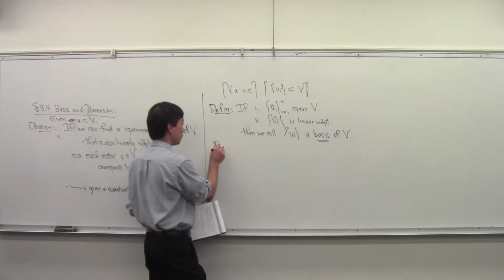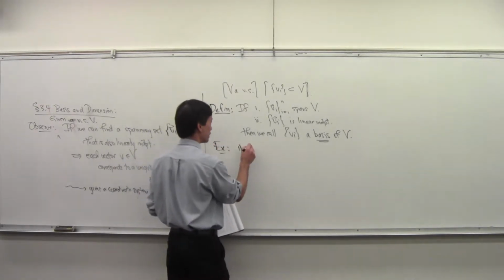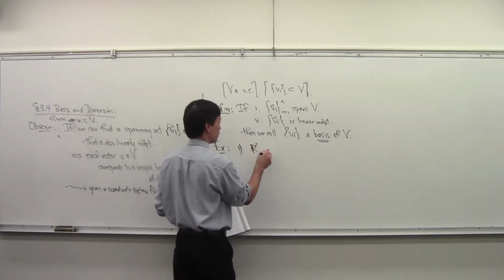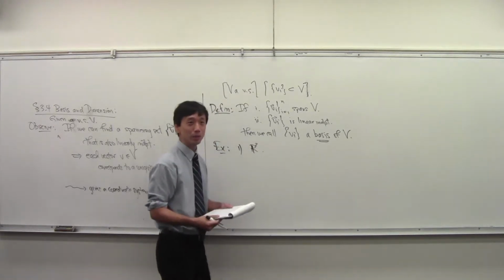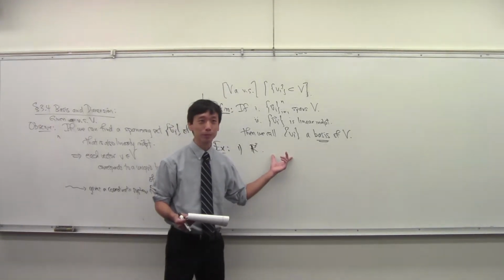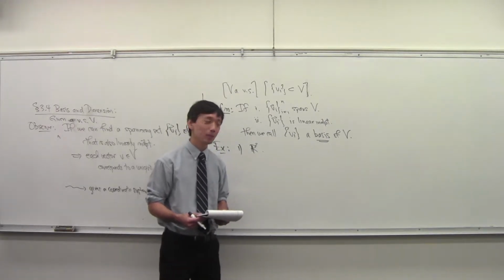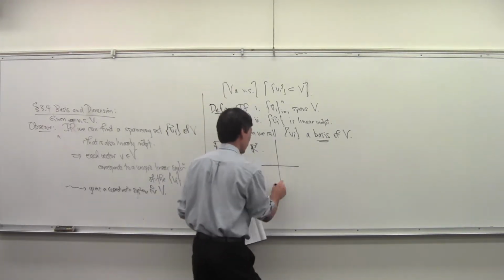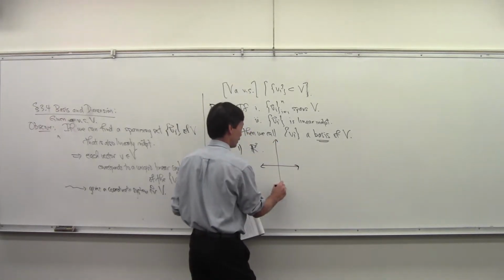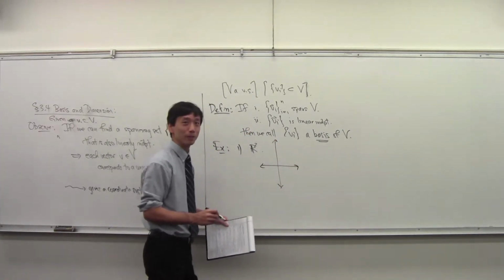So let me just give some examples. Maybe the simplest example is, suppose we're in R2. What's sort of the natural basis of R2? What's a sort of obvious basis of R2? Yes, 1, 0 and 0, 1.